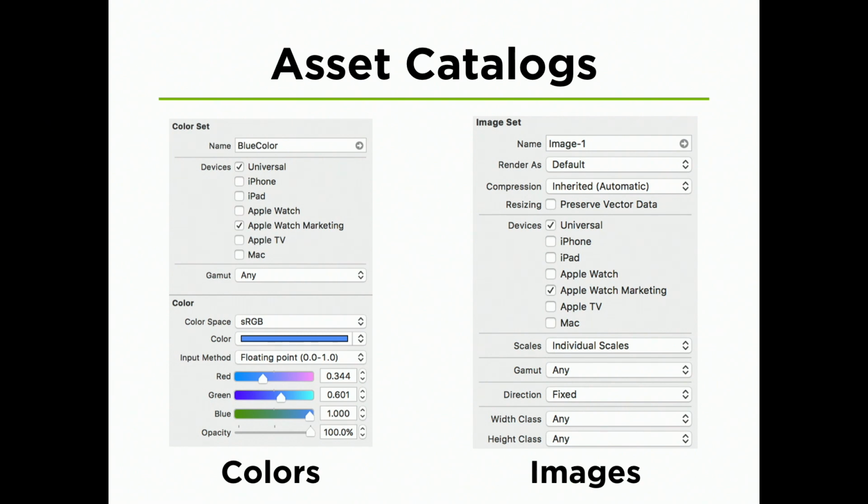And also, I think this is new in Xcode 9, you can add color sets, so you can set up a list of colors that your design team provides in asset catalogs and then reference those in code. And those can also be varied by gamut, and the color space is a little bit easier to see and change here than it normally would be in most of the rest of Interface Builder.